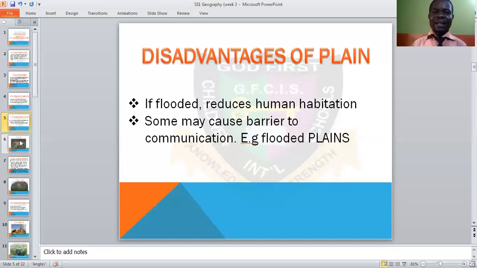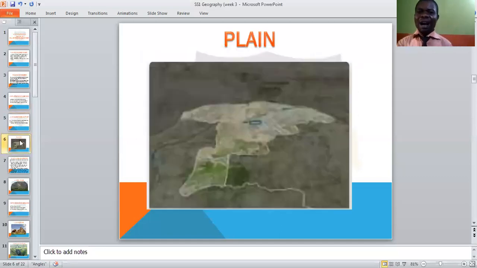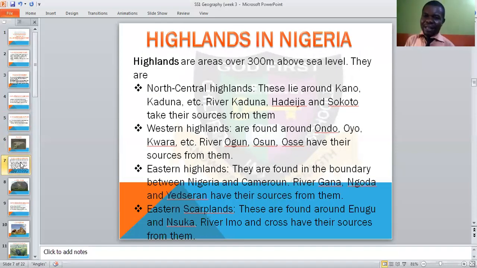Then, this is a plain. You see how level or smooth or how low it is. Compared to that, we'll come into the area of highlands. Then let us look at the highlands in Nigeria. The lowlands, remember I said, are areas below 300 meters above the sea level. That's their relief.